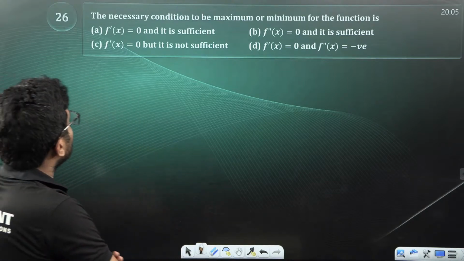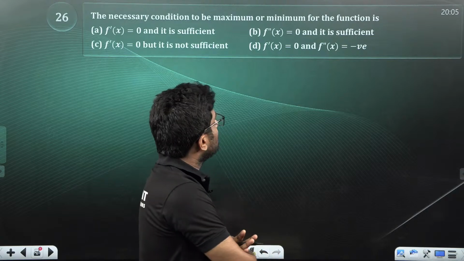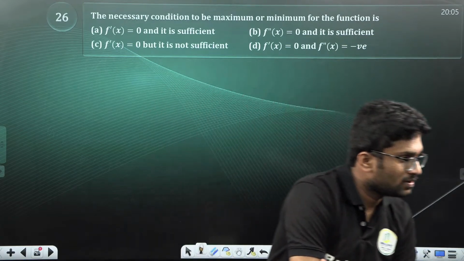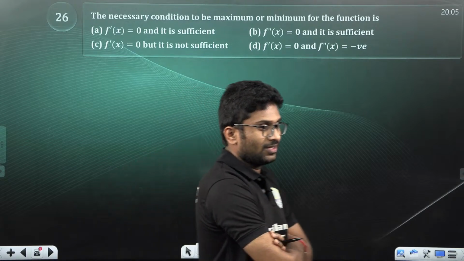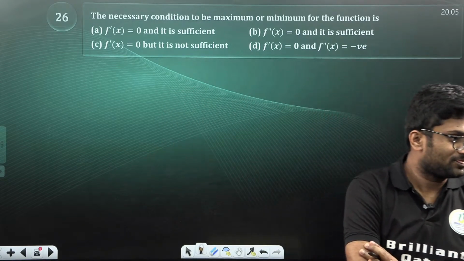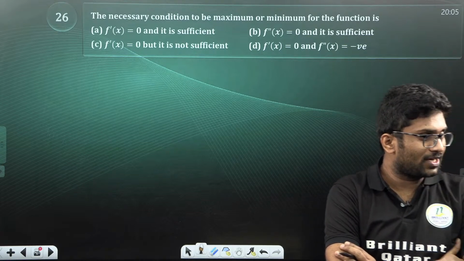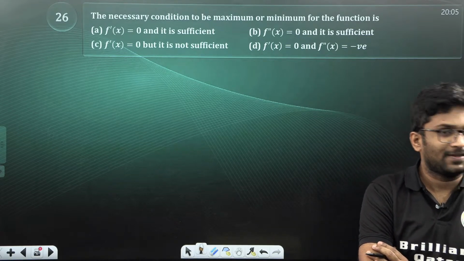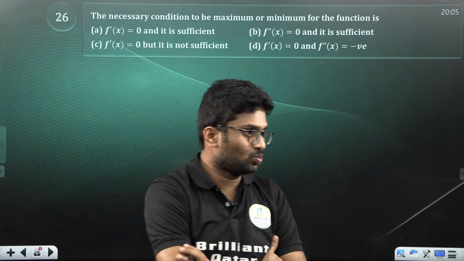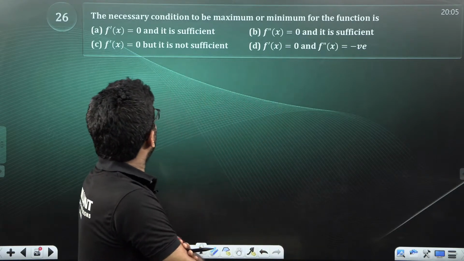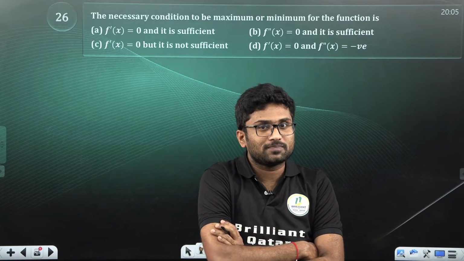Option C. I'll wait for some time before I declare. Maximum, Ashmita, Karthik, Shiny, Hanna. The necessary condition to be maximum or minimum.